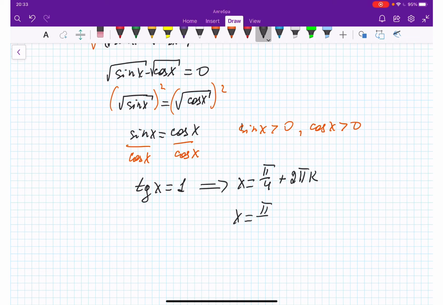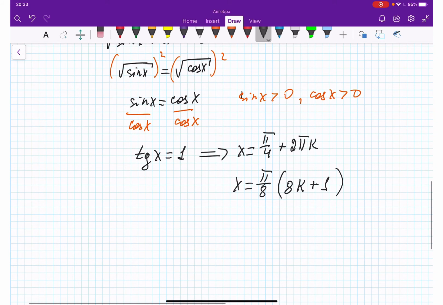If I take pi over 8 out, so from pi over k, if I take out, I'm going to get 8k and plus 1. How did we get 8k plus 1?